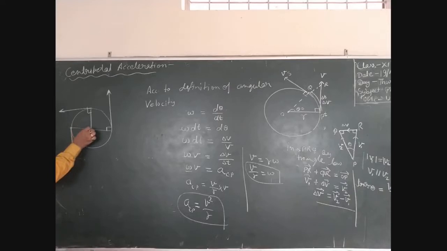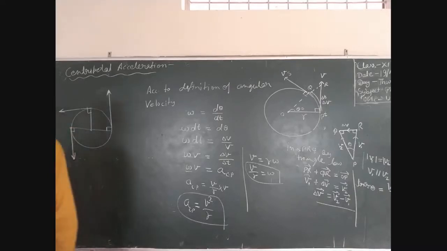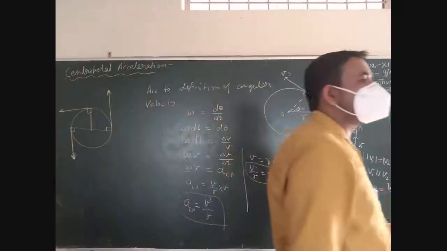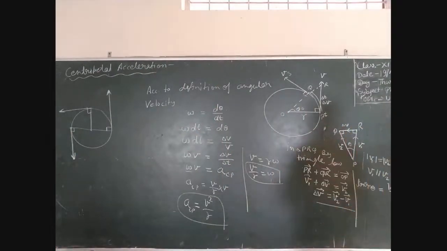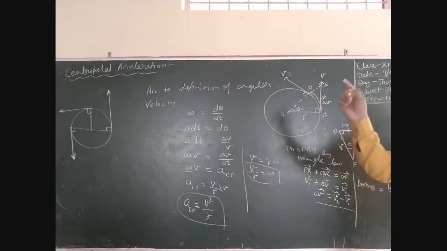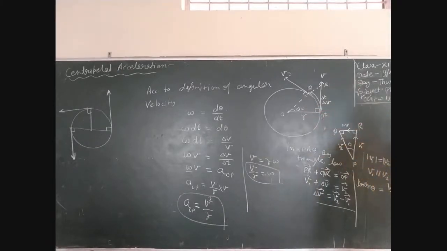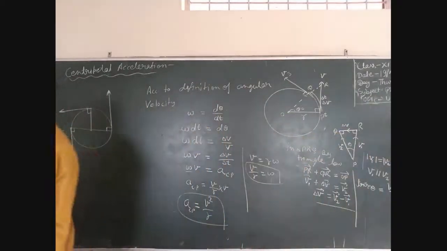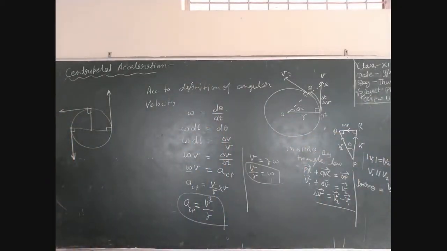That means the acceleration acting when the body is moving in the circular path is always directed inward, toward the center, and always at 90 degrees to the tangent drawn on the circle. It is normal to the tangent drawn on the circle at the point where we discuss the motion.